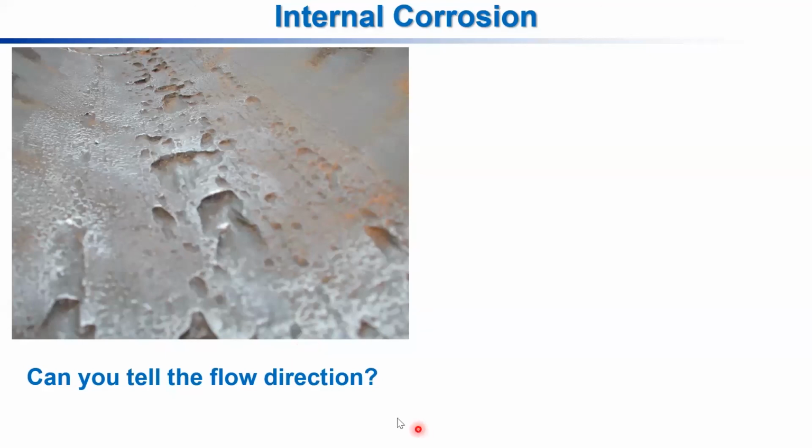Well, in this case, the answer to that question below: you see the pits have some kind of U shape or horseshoe shape here. This is a U. You see here, this is a U. This is a U. So the flow direction is in this direction because the U is pointing towards where the flow is going.